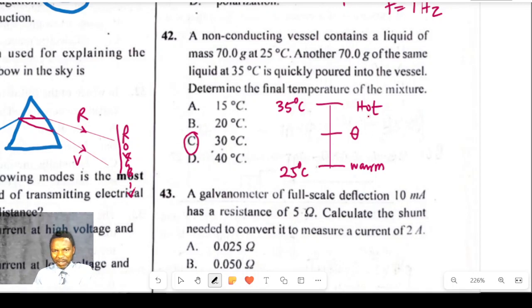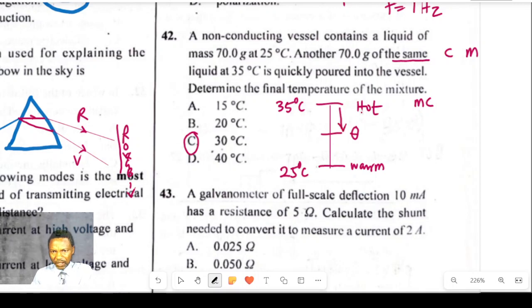But let me show you how to calculate it. Now, what is the key to solving this question? The same liquid. So the specific heat capacity is the same, and the mass is also the same, say 70 gram. So we have mc for the hot water.